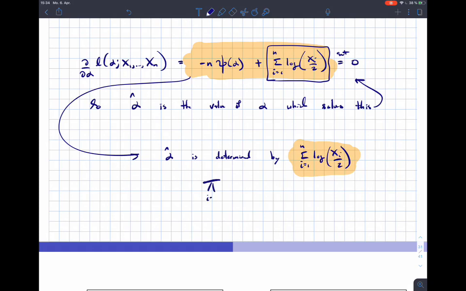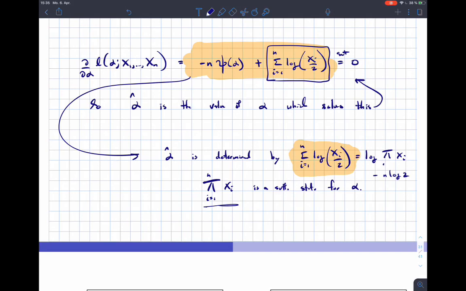So earlier, in some earlier lecture, we showed that the product of the xi's is a sufficient statistic for alpha. And this thing is a function of this. So it's basically log of the product of the xi's minus n log 2.